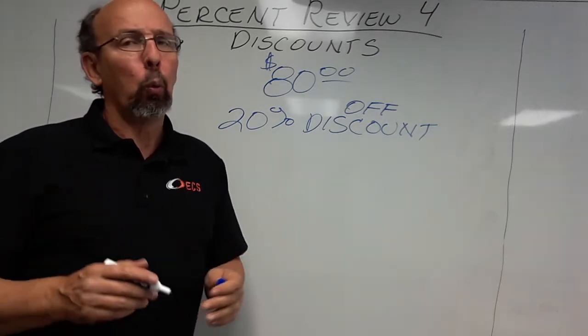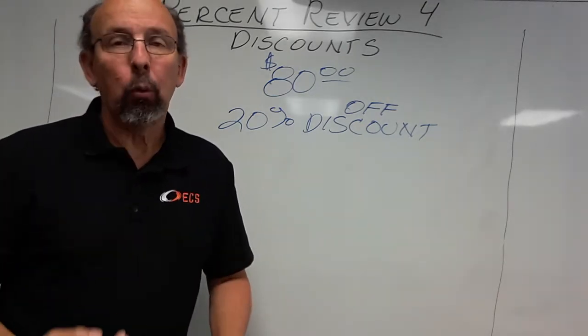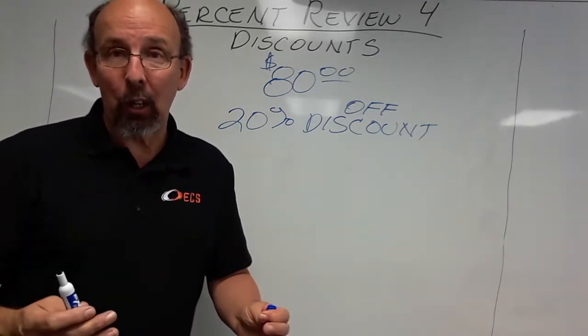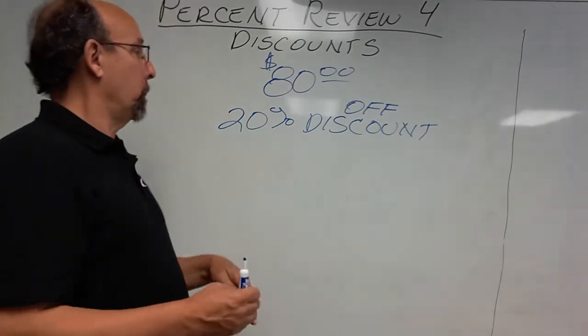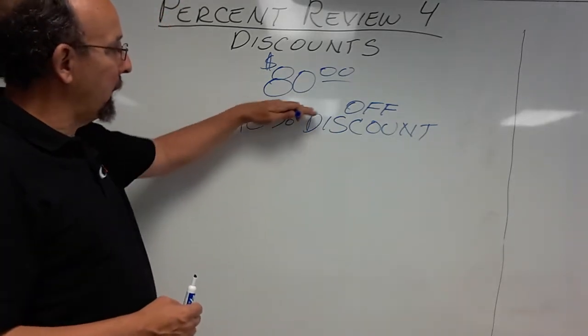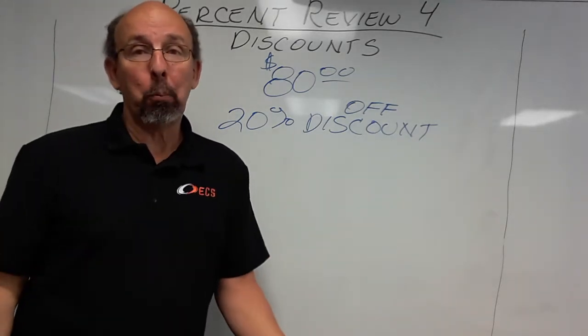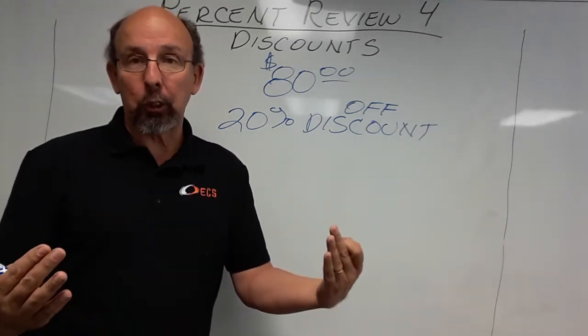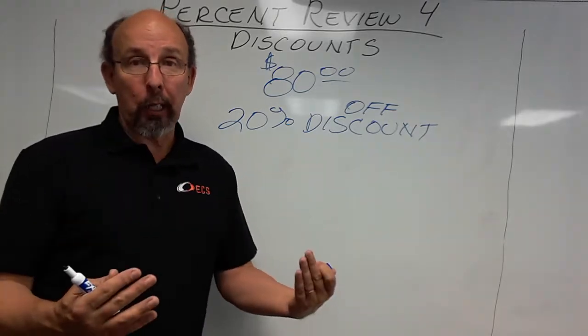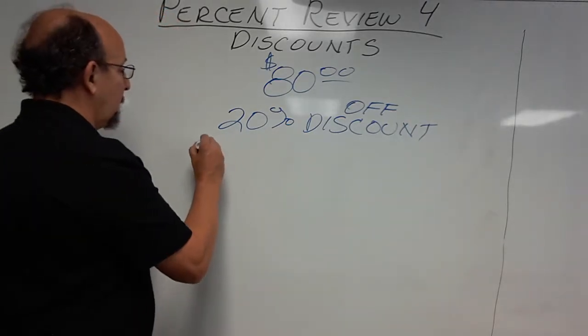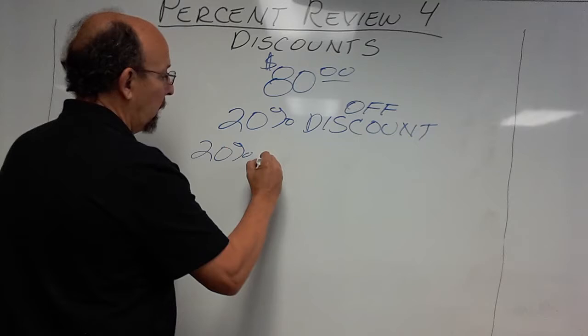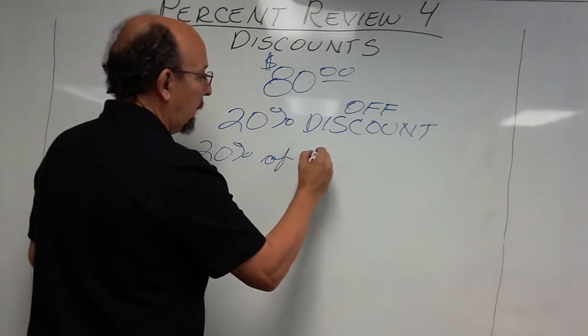You say, well, what am I going to pay for that? Well, first you find the discount for that price. You find 20% of 80, so you're finding the percent of a number. You're changing the percent to a decimal and multiplying.